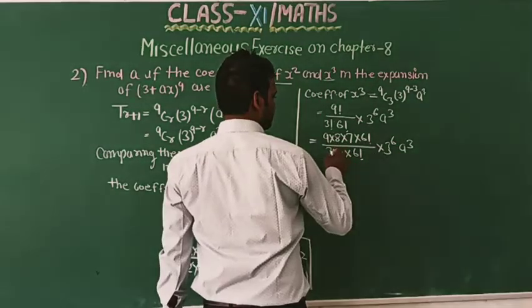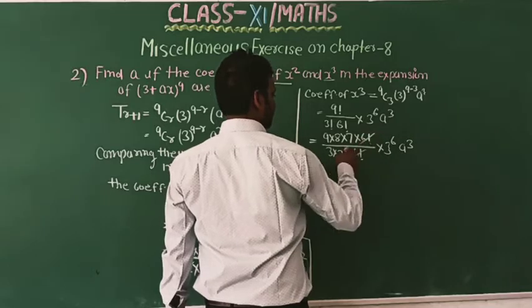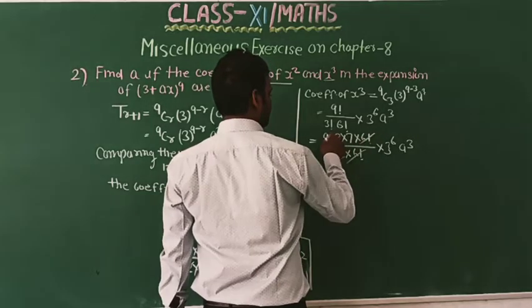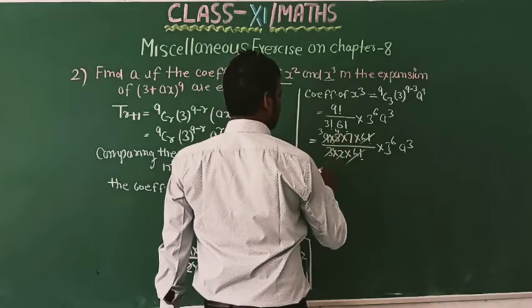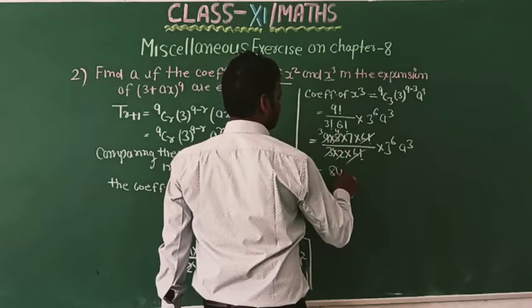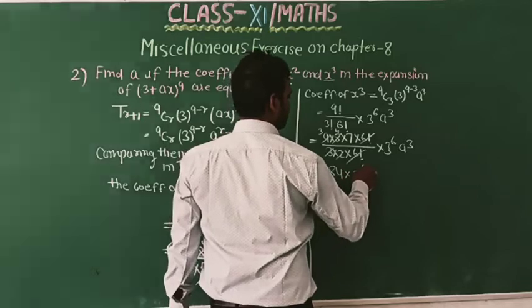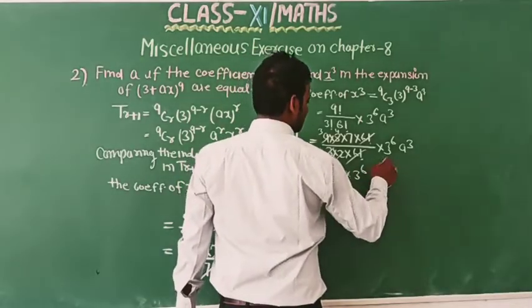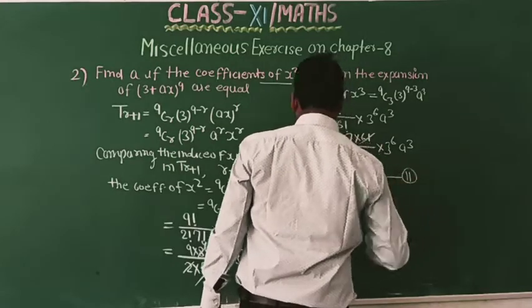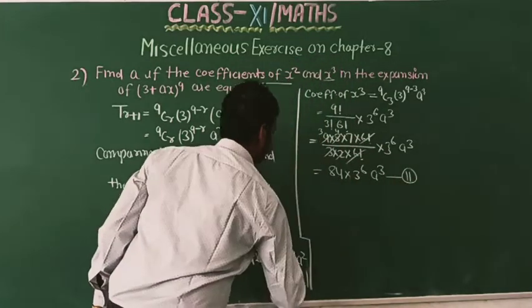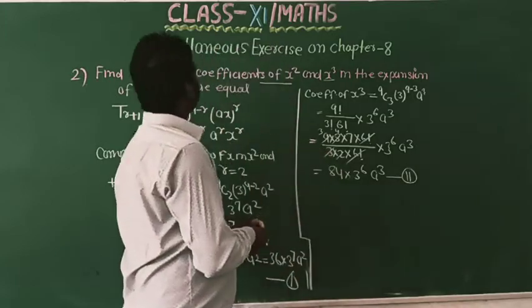So cancelling out, this is 84 into 3 to the power 6 a to the power 3. Let this be equation 1 and this be equation 2.